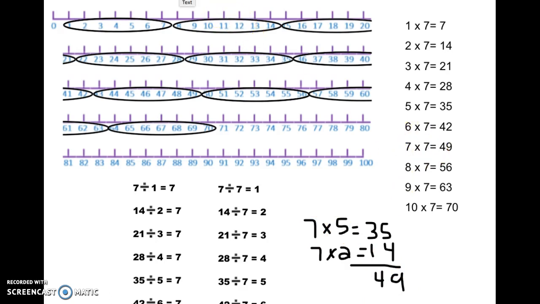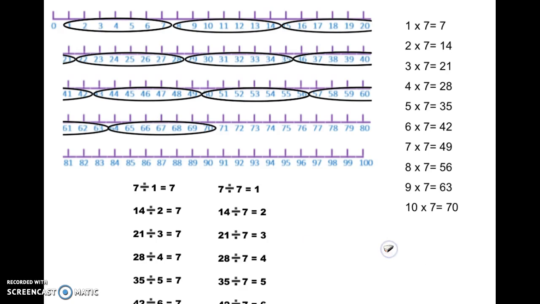Another strategy that you can use is adding multiplication facts that you do know. So let's say I'm trying to figure out what 6 times 7 is.